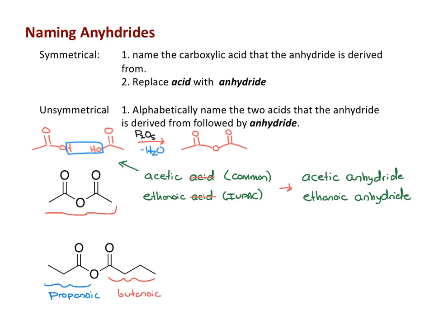So to generate the anhydride name, just alphabetize those. So you have butanoic, propanoic, anhydride.